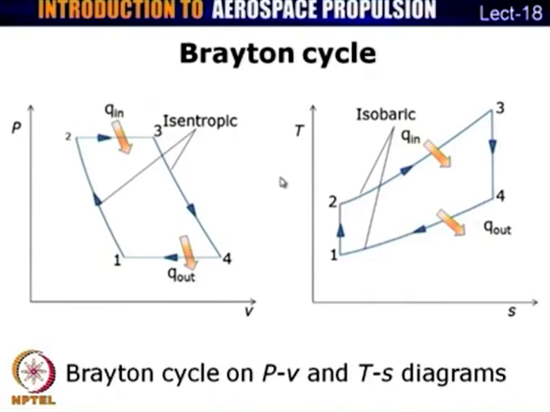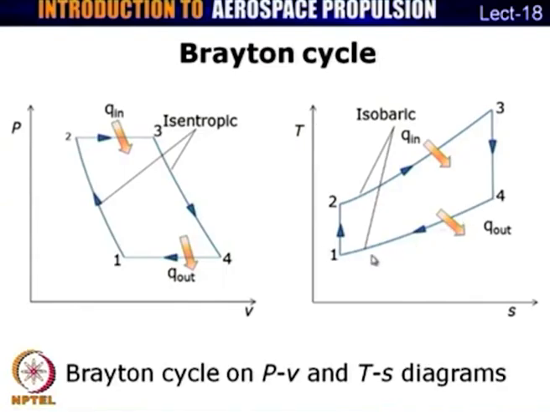On TS coordinates, the Brayton cycle looks like this. The first process is isentropic, so we have a vertical line here. Process 1-2 is isentropic, process 2-3 is a constant pressure process during which heat addition takes place. Process 3-4 is isentropic expansion, again a vertical line.